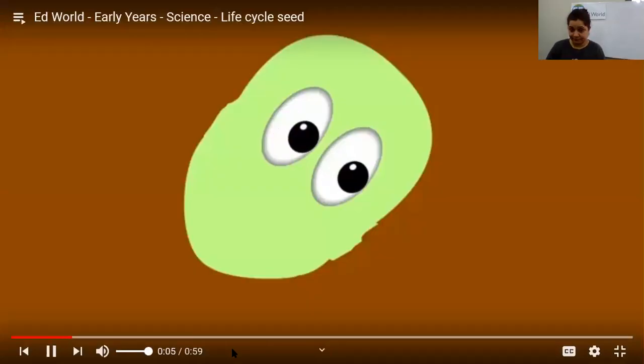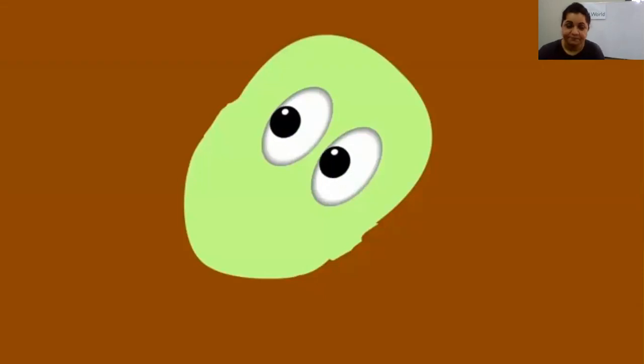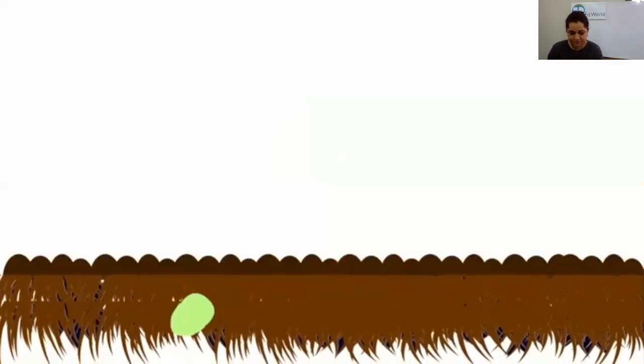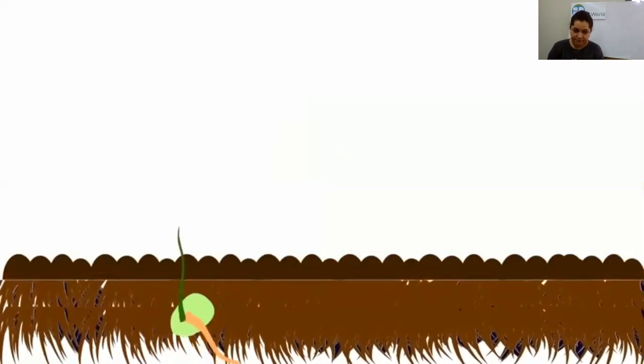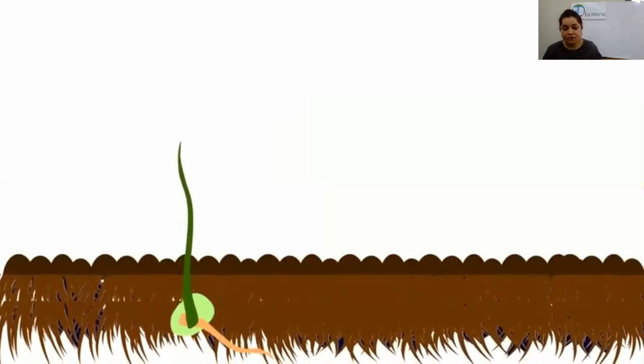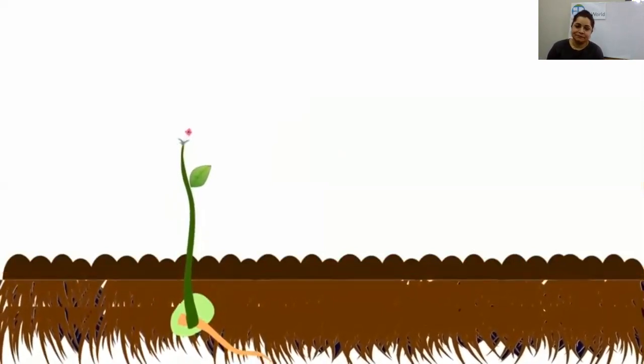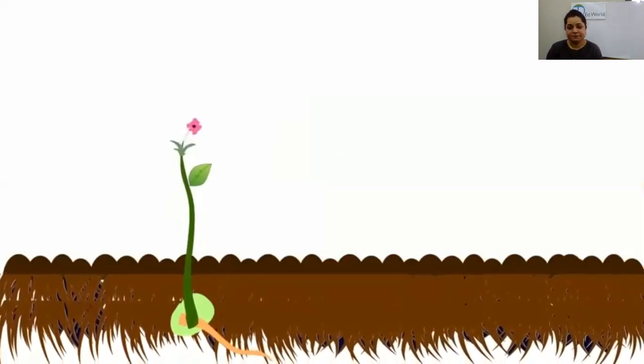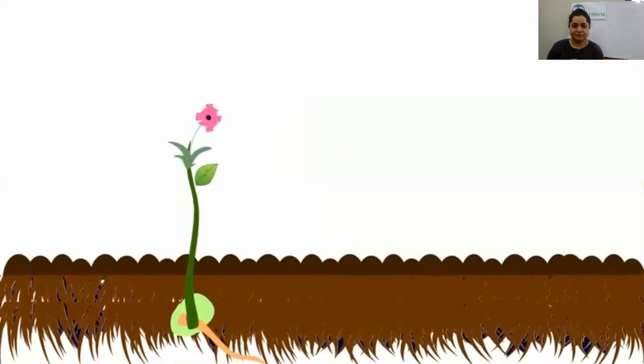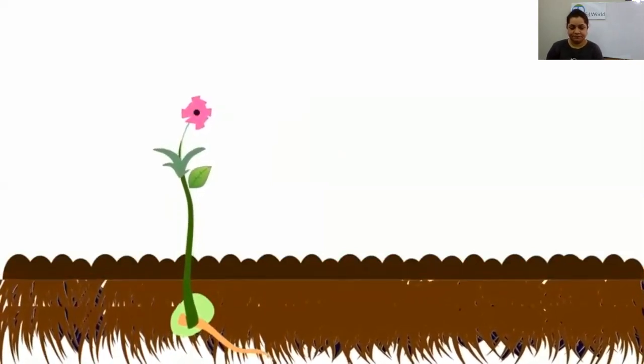I'm the seed, and this is my life cycle. They fertilize me under the soil, and these brown roots are coming out. The green stem develops, the leaves are born, and the flower is coming out of my stem.